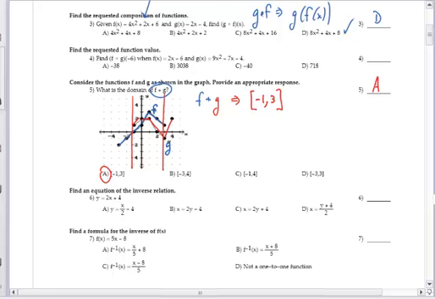number 4. So number 4, let me just take a look at that problem. It says find f of g of -6. So for number 4, f of g of -6 means first plug in -6 for g of x. So let's do that.